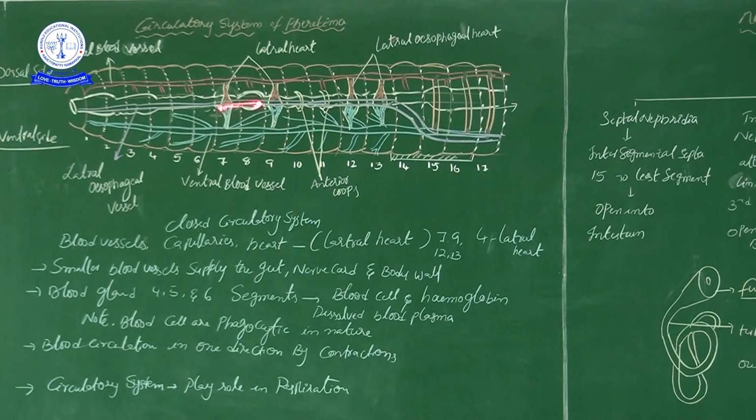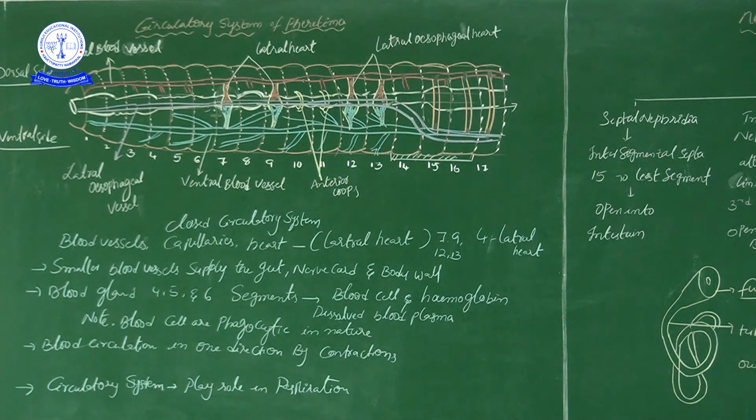These are the esophageal hearts. Then in the intestinal places, some connections between the dorsal blood vessel and ventral blood vessel we call commissural vessels. Here the pink color lines are there. These commissural blood vessels connect the dorsal blood vessel to the ventral blood vessel.